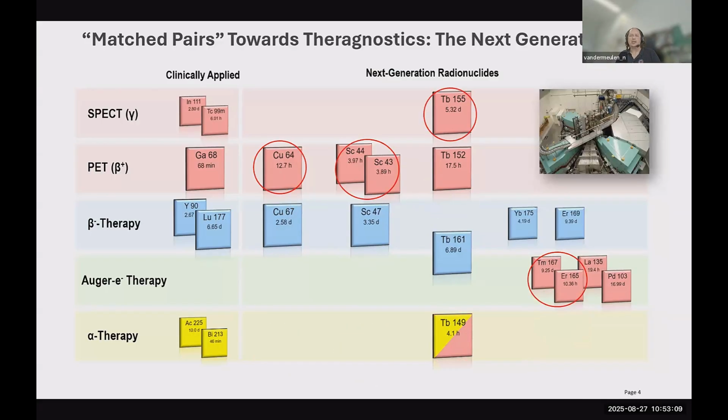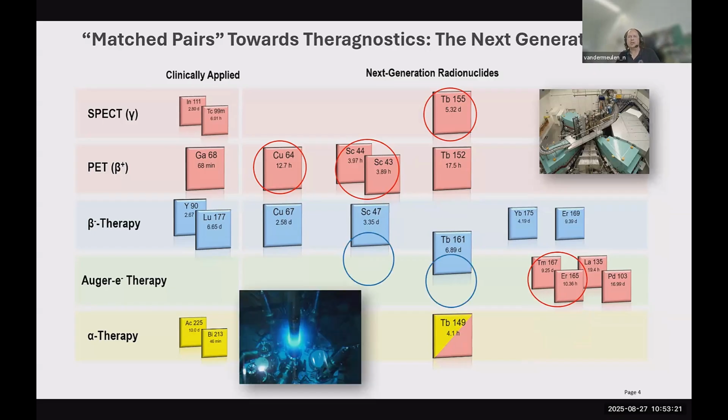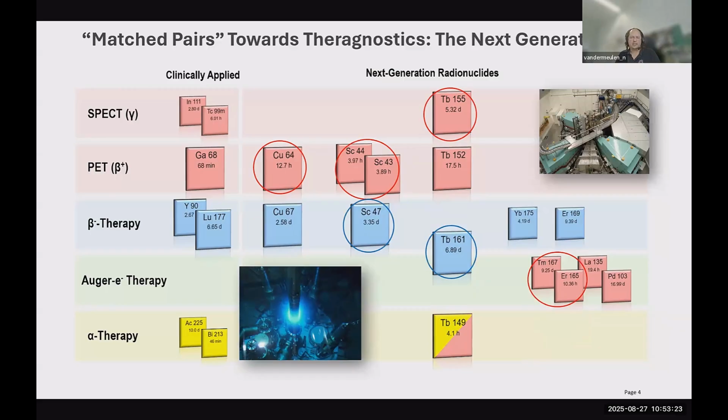So one can use cyclotrons to produce some of these radioisotopes. And in this case, we're looking at the likes of your copper-64, scandium-44, terbium-155, and the like. Your blue ones here are indicated by being able to be produced by reactors. And today, I'll probably focus more on terbium-161 than others.